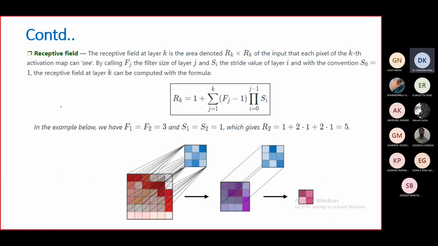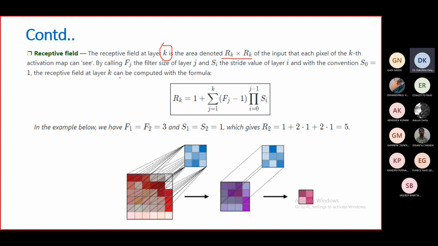Now here we can see how to determine the receptive field. If we know that the kth layer is represented in the convolutional neural network, the dimension of the receptive field becomes Rk into Rk.